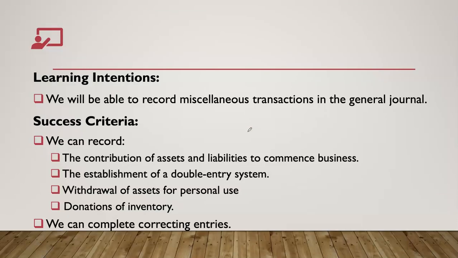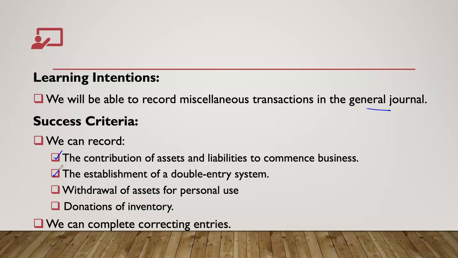And guys, that is how you record some miscellaneous transactions you have potentially not seen in the world of debits and credits. This is how you record them in the general journal and general ledger. I hope that by now, after watching this and doing some practice, you can record the contribution of assets and liabilities using fair value.